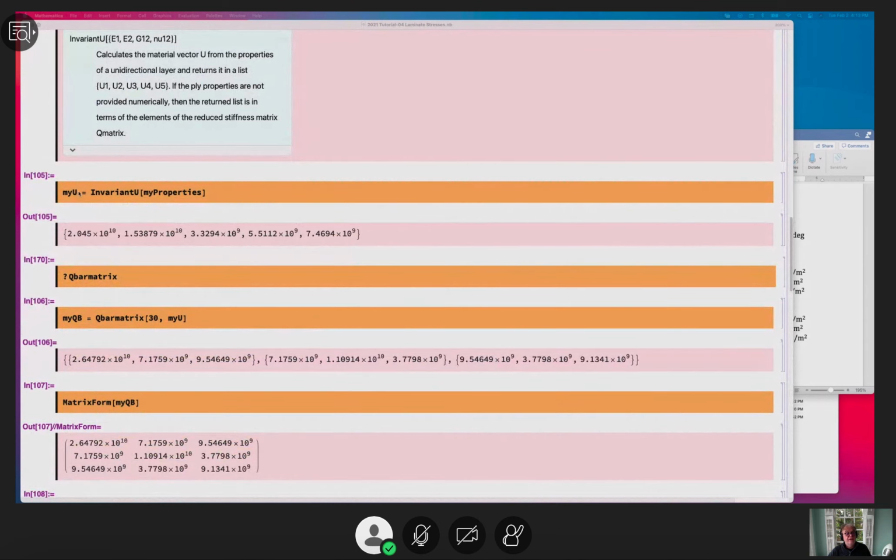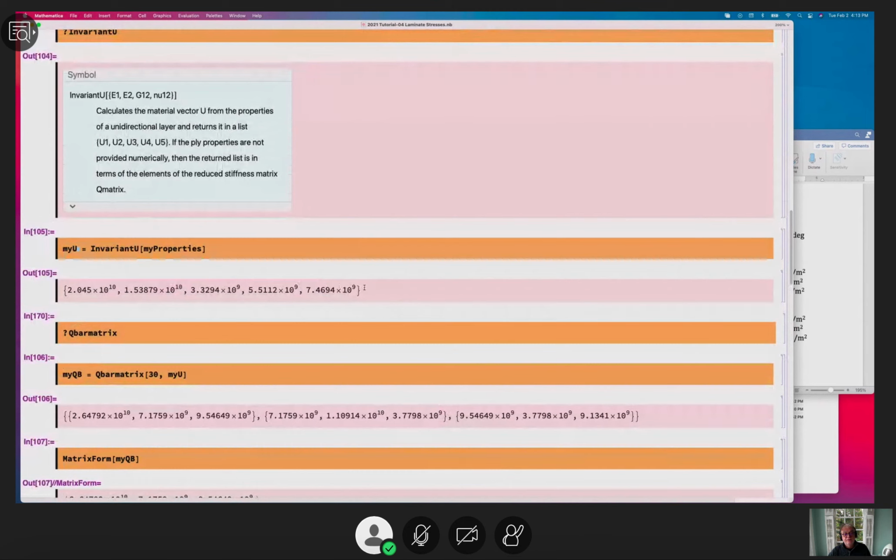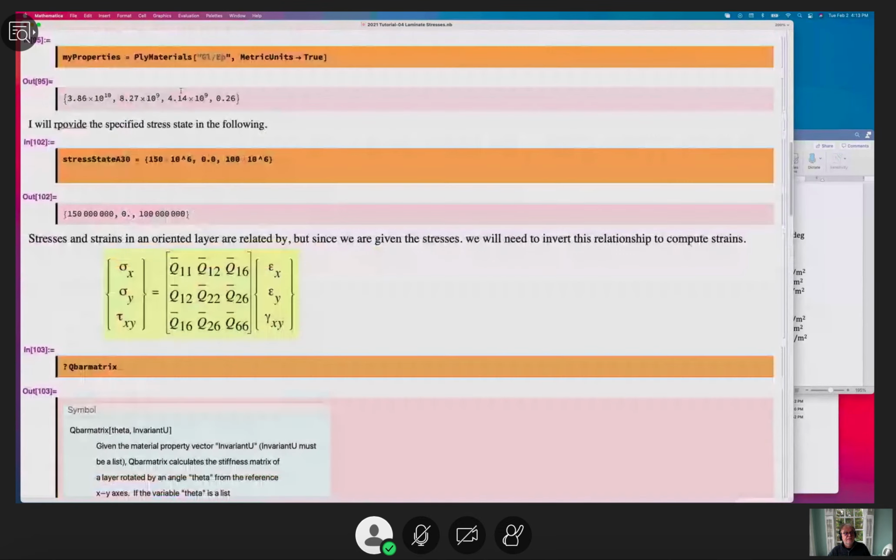Benjamin, what do you have in line 105? What do you want to ask? This is U, invariant material properties, U1, U2, U3, U4, and U5. That's what invariant U returns. Now your version, composite limits.